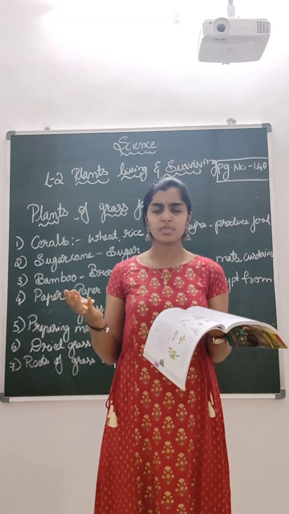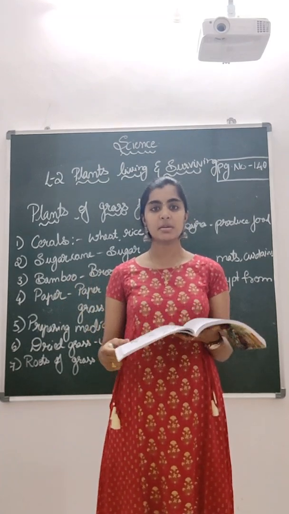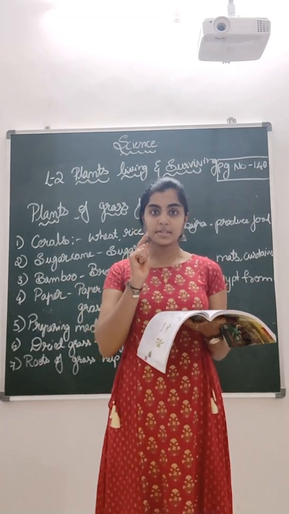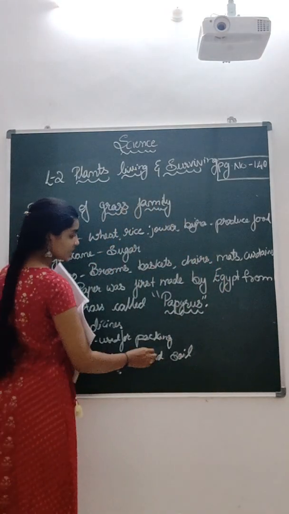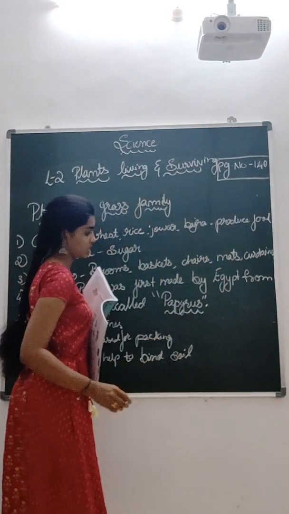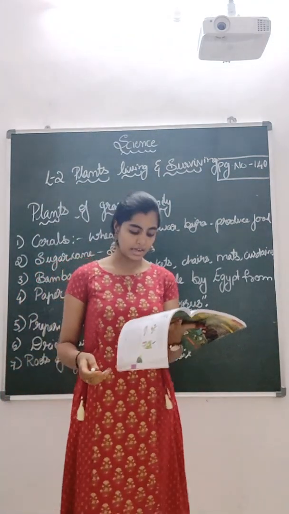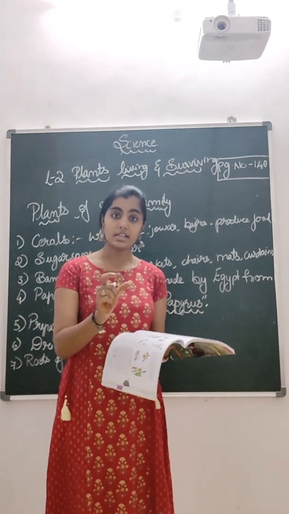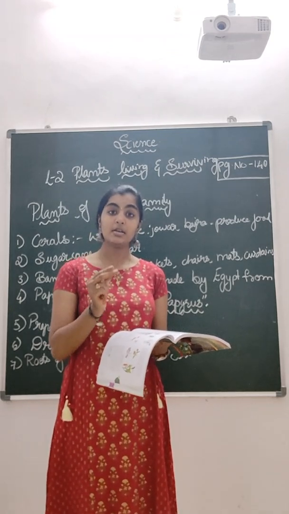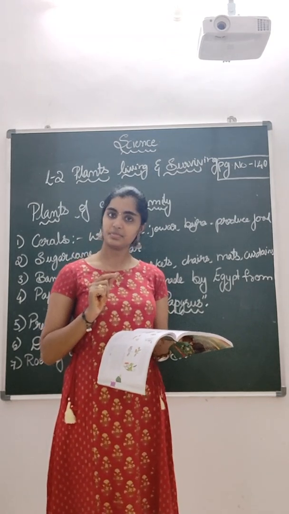Everything is paper. Where do we get this paper from? The first paper was made by Egyptians from a grass called papyrus. Papyrus is the grass through which they prepared the paper.